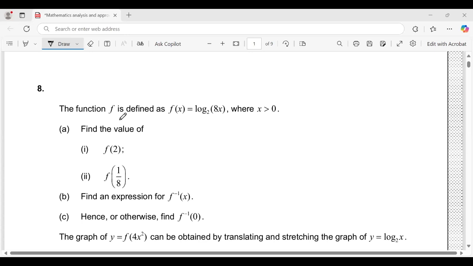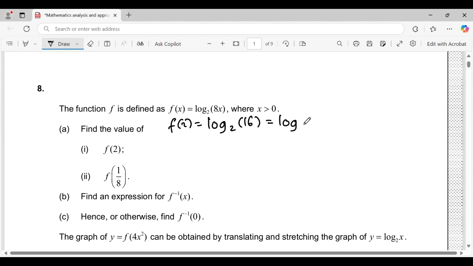Number 8, the function f is defined as f(x) equals log base 2 of 8x, where x is greater than 0. Find the value of f(2) and find the value of f(1/8). f(2): if f(x) equals log 2 of 8x, it means log 2 of 16.